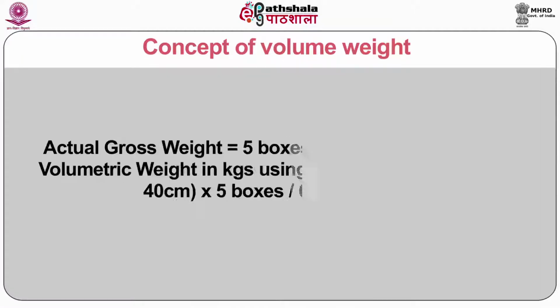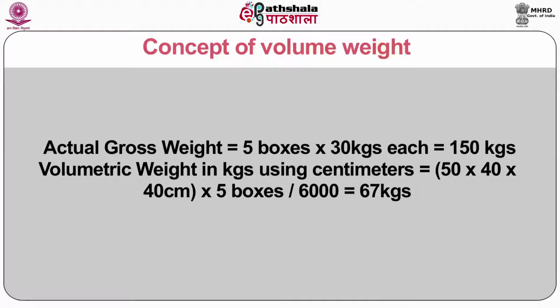Solution: actual gross weight equals 5 boxes into 30 kgs each, equal to 150 kgs. Volumetric weight in kgs using centimeters equals 50 into 40 into 40 into 5 boxes divided by 6000, equal to 67 kg.